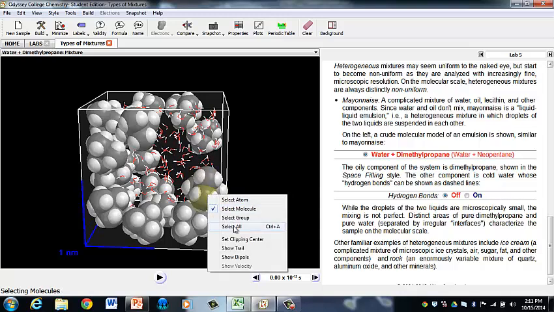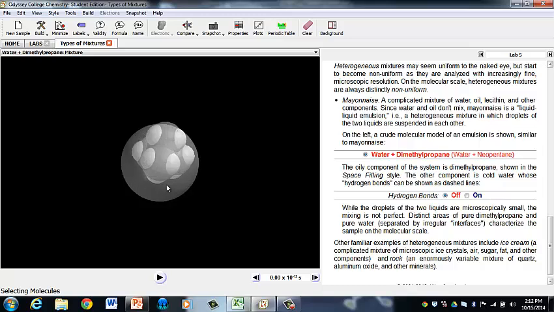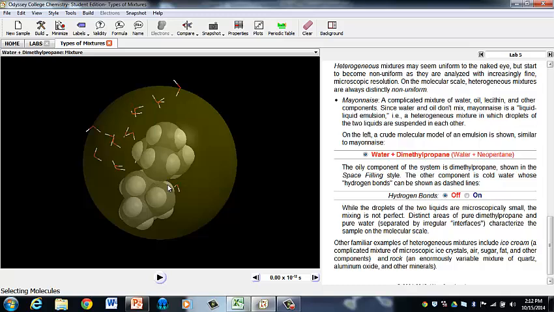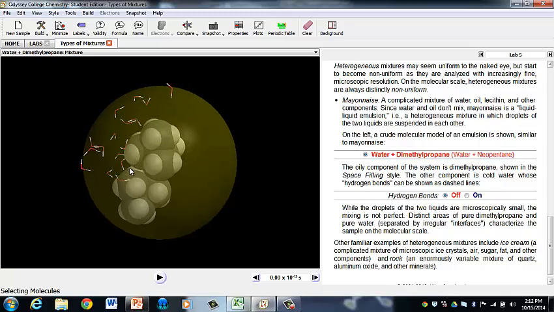All right, so these big molecules, these are neopentane, and the other ones are water molecules.